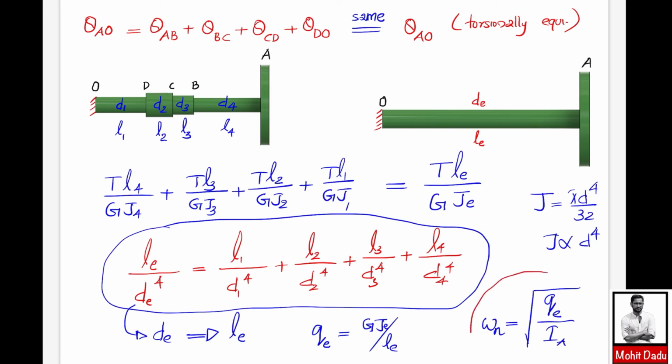So this is how you can use the concept of torsionally equivalent shaft for solving such problems from torsional vibrations. We have discussed this for the single rotor system. In the next video we will discuss the torsionally equivalent shaft concept for a two rotor system by solving a problem directly. Hope you understood, and thanks for watching.